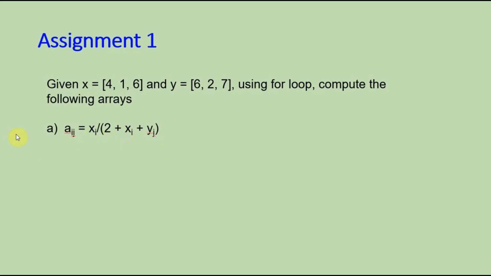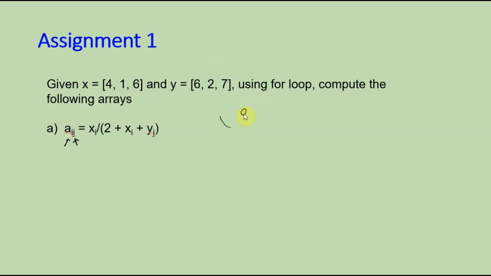In this one, each ij represents the position of row and column.